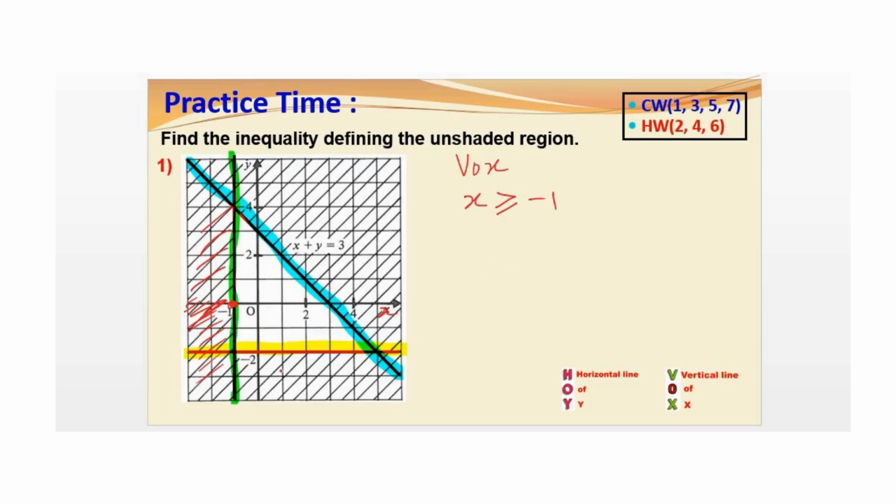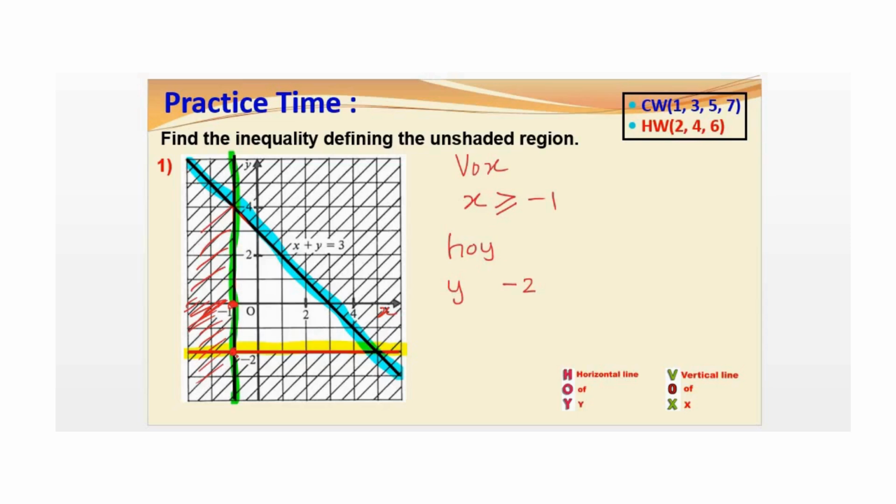Then I will look at the horizontal line, this yellow one, right? There is the letter y to remember that I have to write the inequality in y. For the y, I will see at which point the horizontal line is touching the y-axis. It's touching the y-axis at -2. That means y and -2 have to be connected with the inequality symbol.